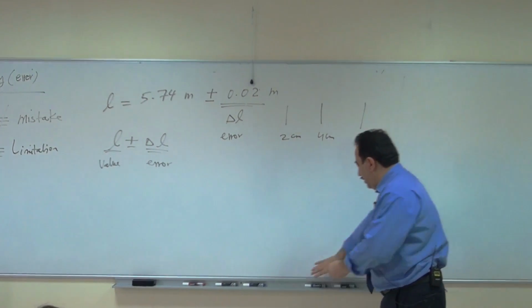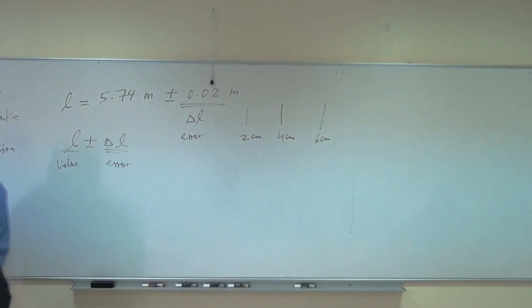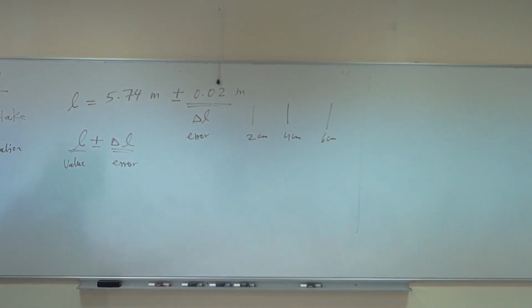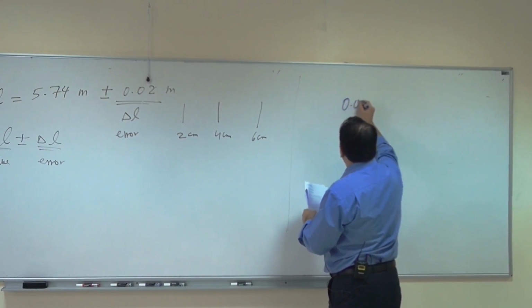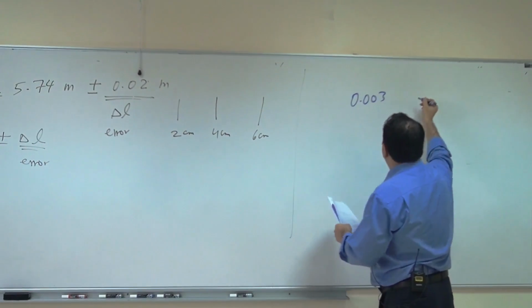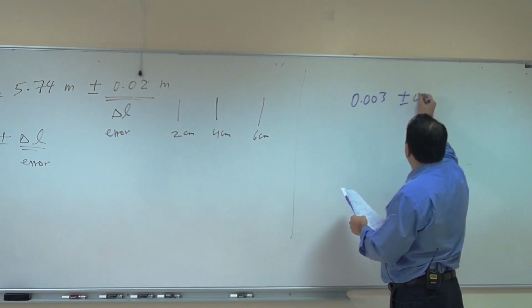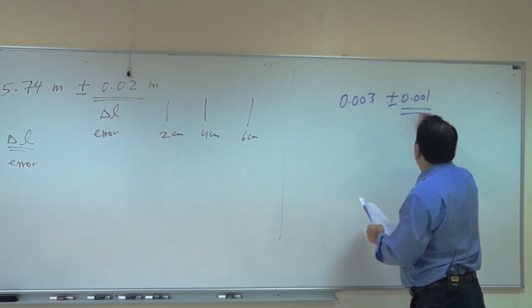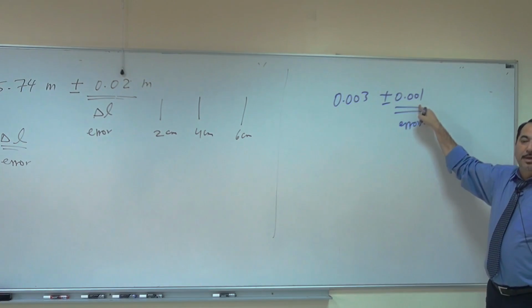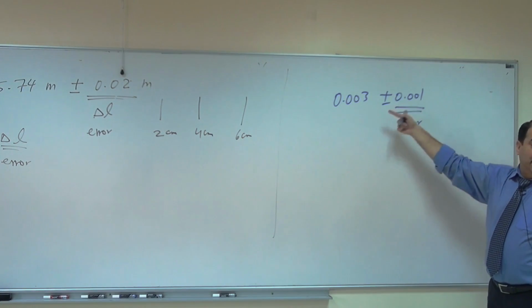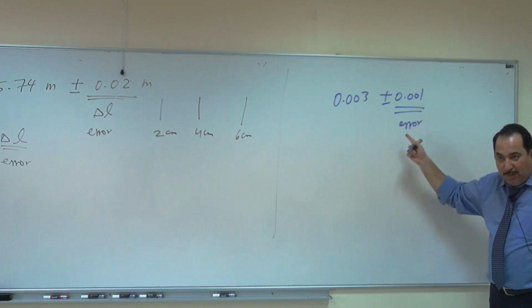Let's say you measure something, and the value is 0.003, and there is an error of plus or minus 0.001. This is the error. Is this a small or big error? The figure itself is small, yeah?